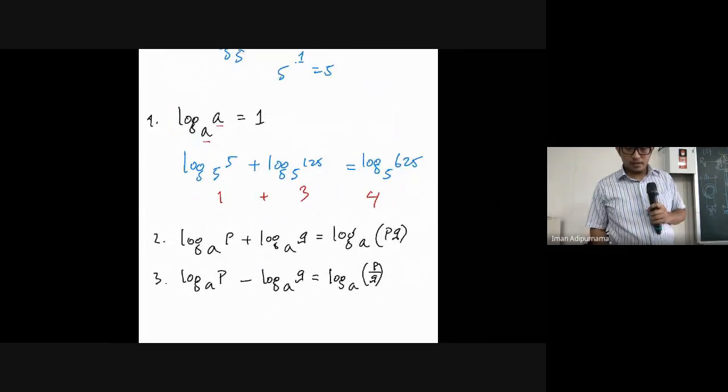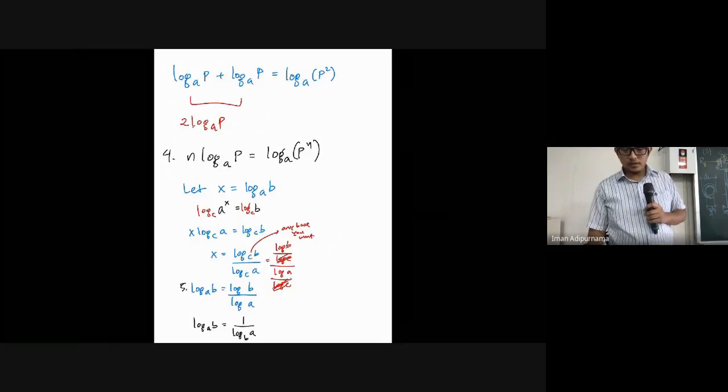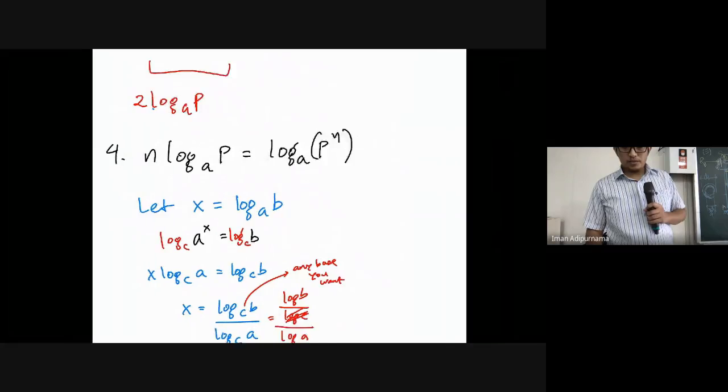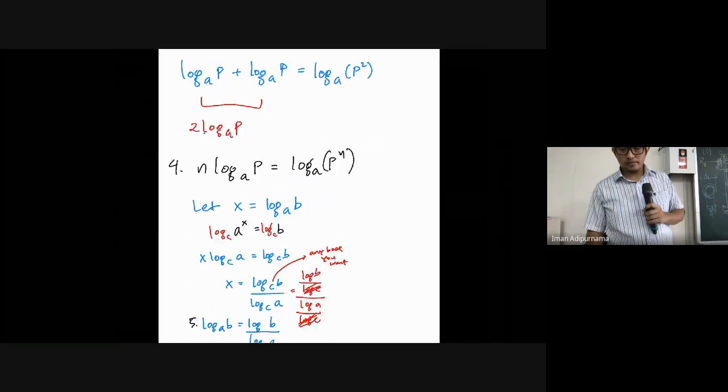If you have the same base a, with P and Q, if you have addition, then you are multiplying P and Q. If you have some base a, and P, and you have minus here, it becomes P over Q. Another law, if you have some constant n at the front, you can also rewrite this, go back to here, n can be the index on P, P with the power of n.